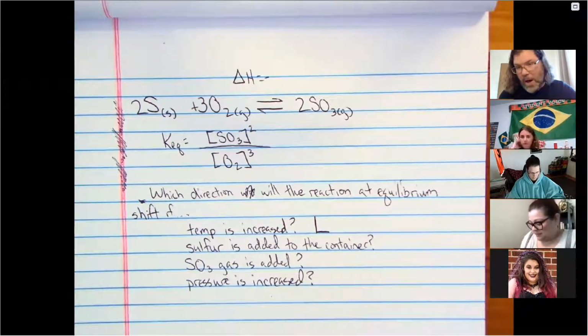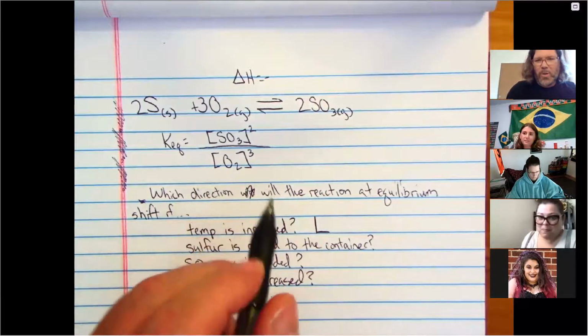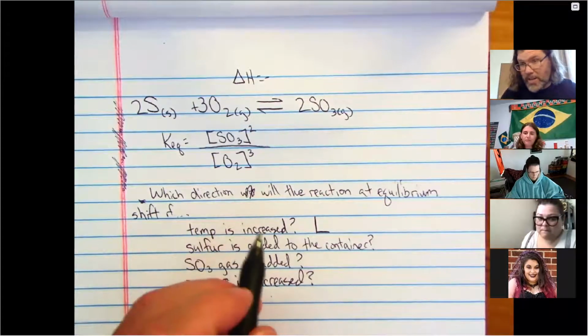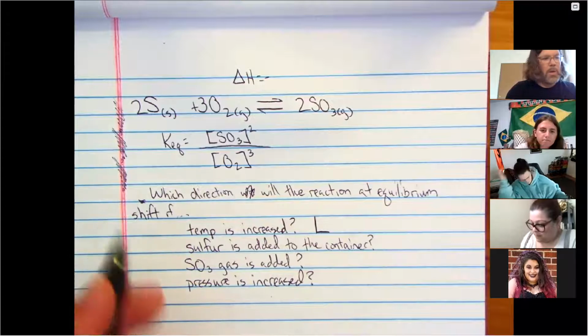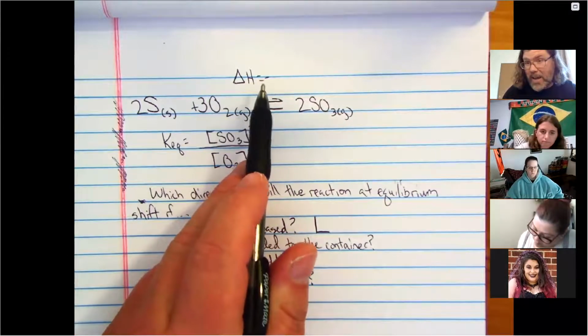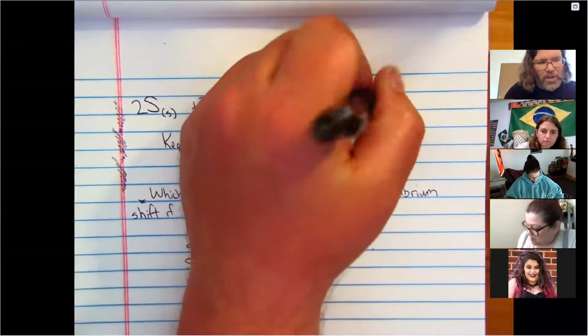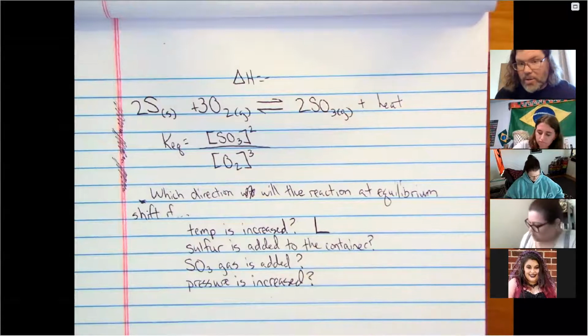So let's review why, for all of you righties out there. Not that being a righty is bad, but it is in this case. If our temperature is increased, the reaction's going to respond by trying to decrease its temperature. This is a reaction with a negative delta H, an exothermic reaction. So we know that heat is a product of this reaction.